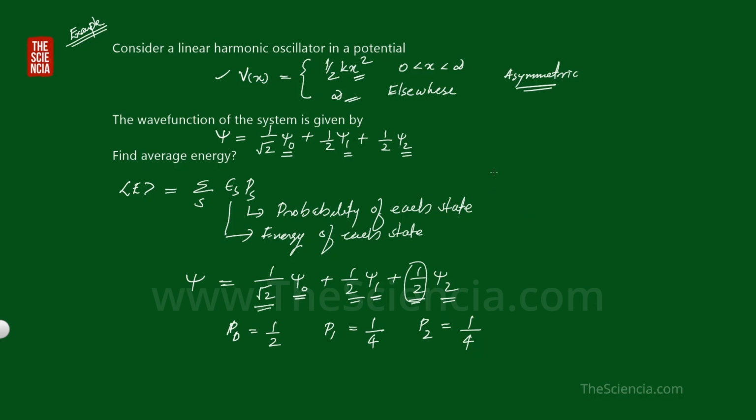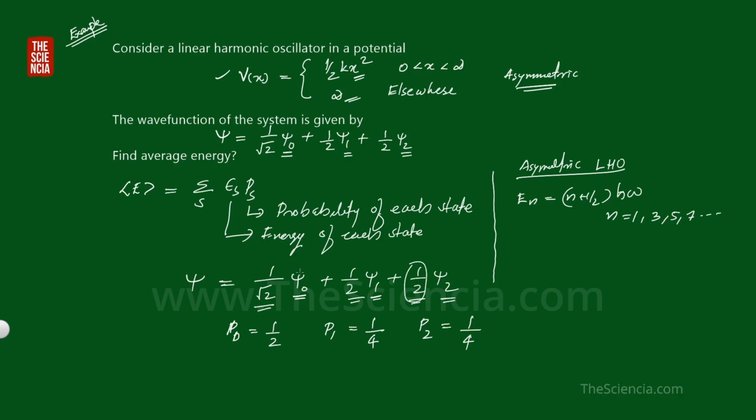We know this expression for the asymmetric 1D LHO: the energy En is equal to n plus half h cross omega, where n is equal to 1, 3, 5, 7, etc. only. There is no n equal to 0, no n equal to 2 and no even values. Only odd values are possible for n.